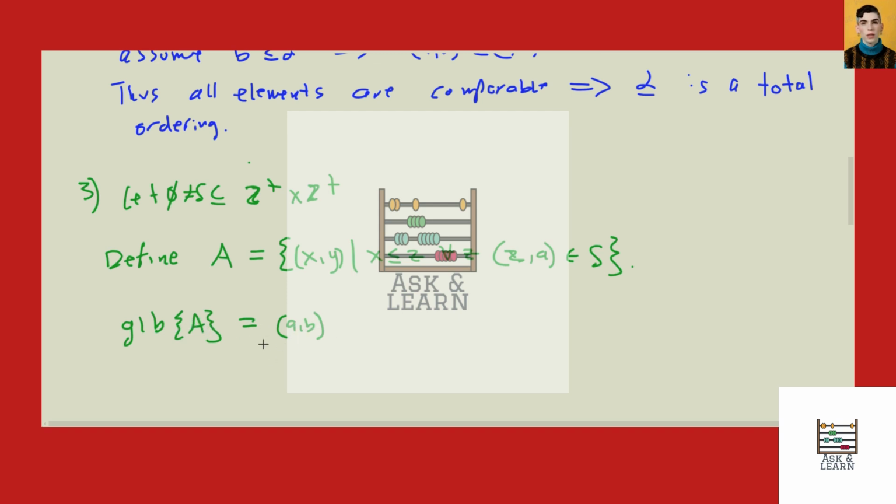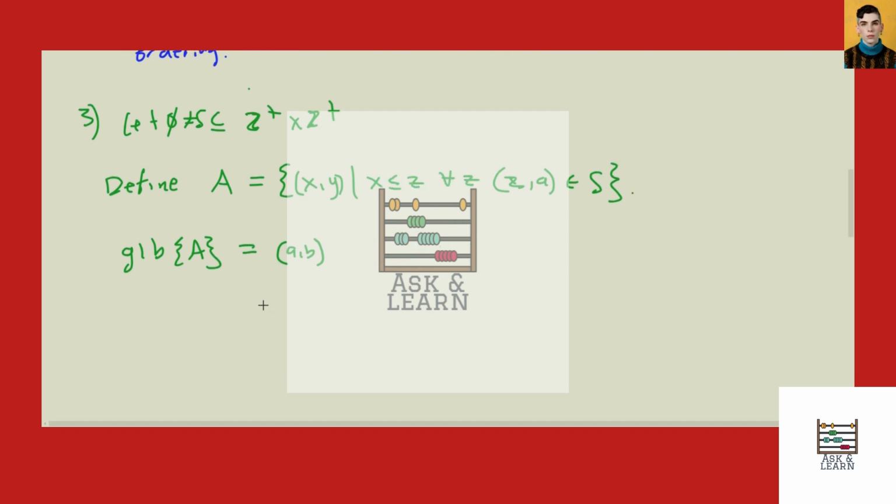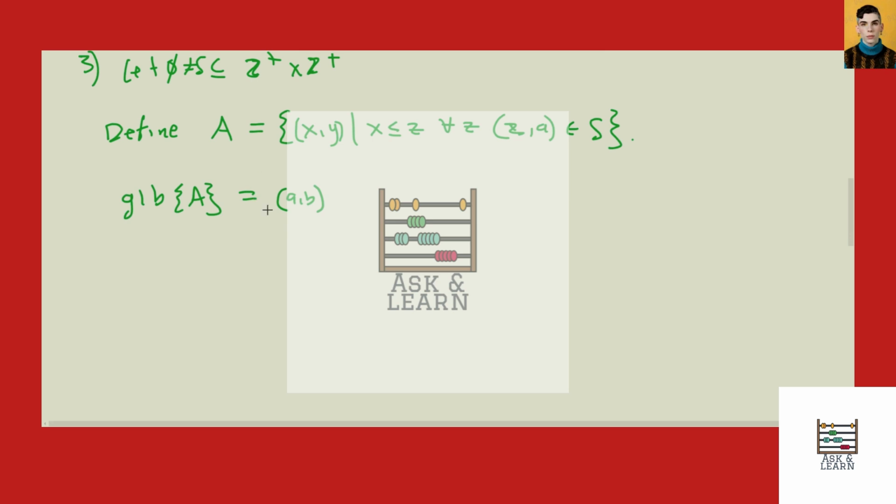And now we'll go ahead and explain why we can do this. Okay, so let the greatest lower bound of A be AB. So we can say this for the following reason.